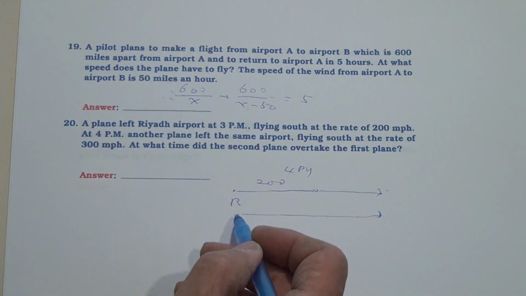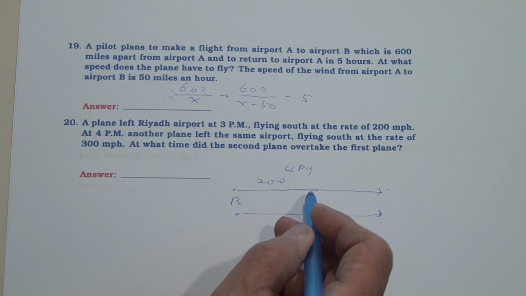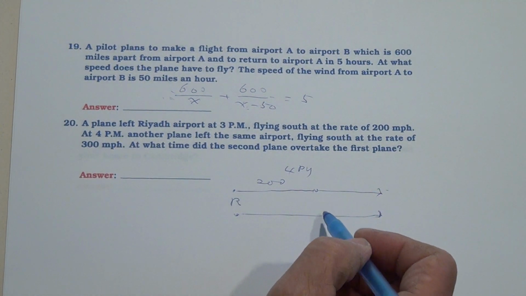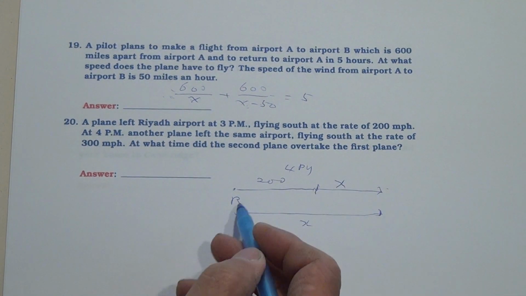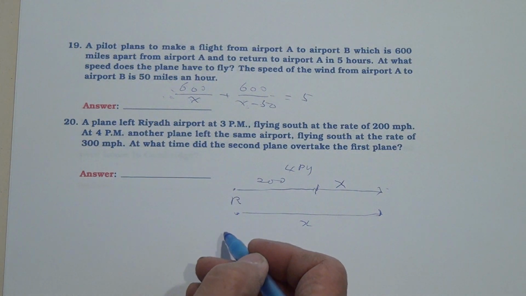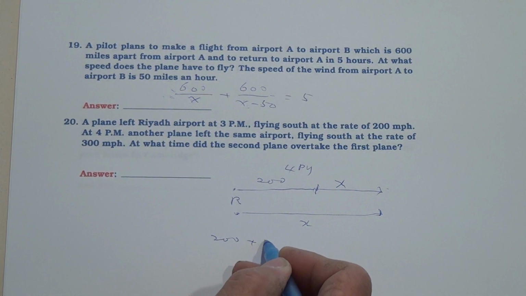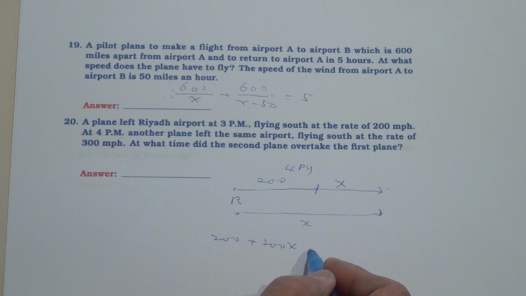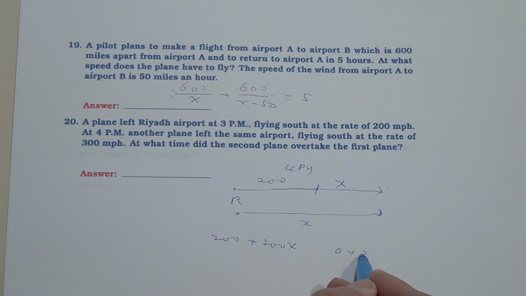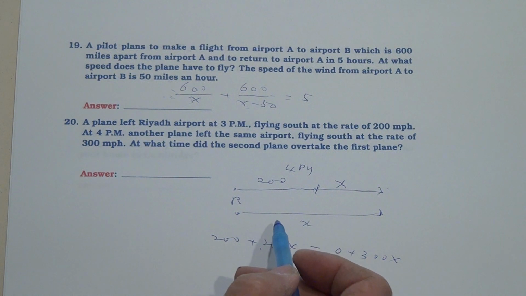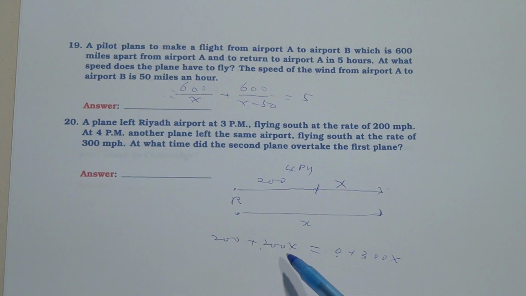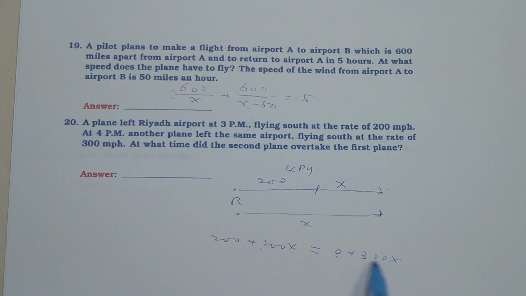So from 4 o'clock, x hours later, let's say, the distance of the first one will be 200 plus 200 times x. But the second one is 0 plus 300x, because at 4 o'clock it was at the airport. When they are equal, it takes over. Then you just solve for x here.